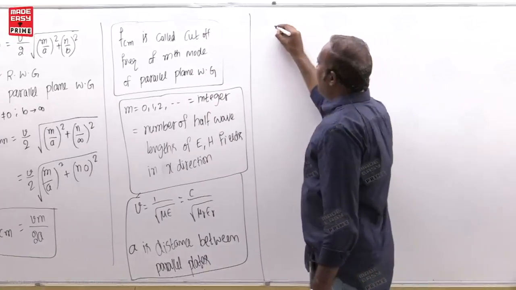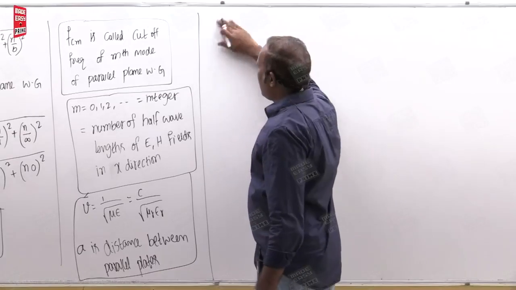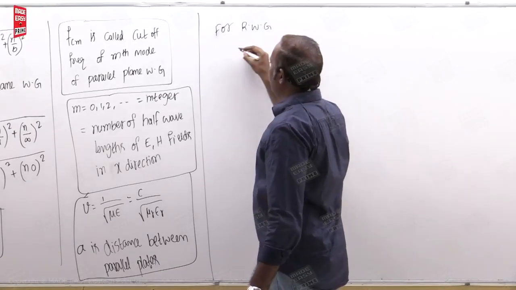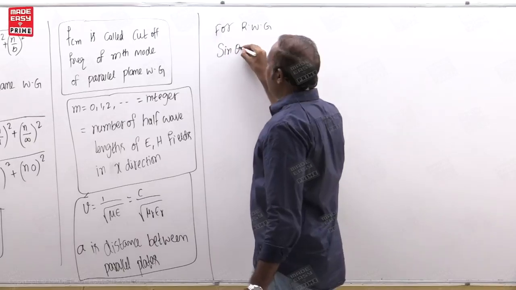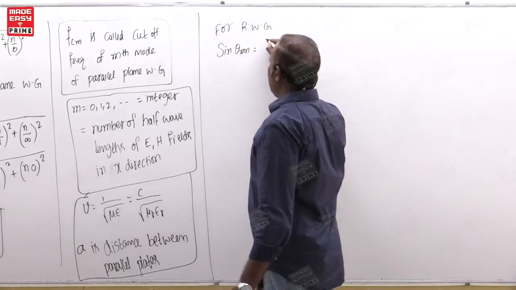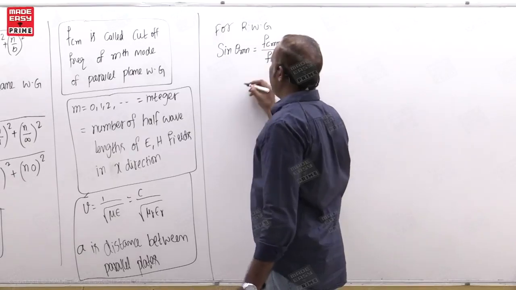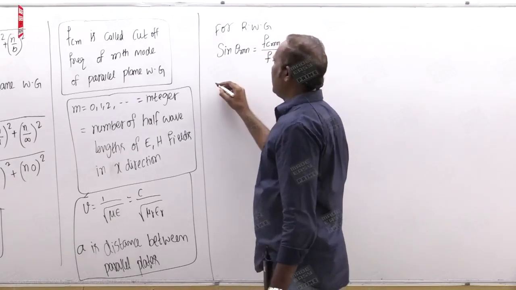Next, already we have seen for a rectangular waveguide, sin theta_mn is equal to fc_mn by f. This is for a rectangular waveguide.